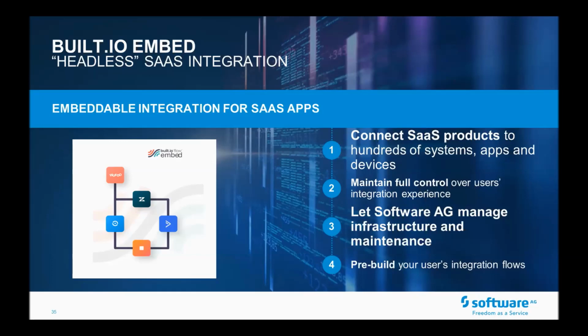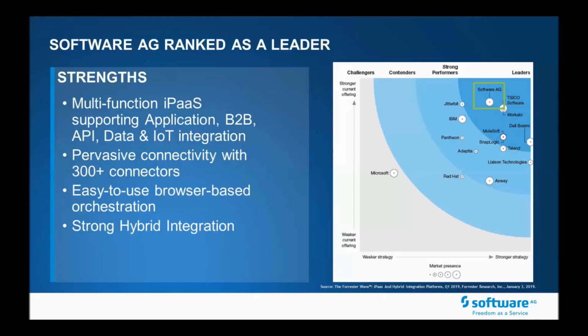It's the Build.io embed that can be built in and embedded in the SaaS product, the SaaS application, for easier integration of this SaaS with other solutions. You can use it as well to pre-build your integrations with other solutions outside. And lastly, within the IPAAS market, we have also been recognized as one of the leaders. So make sure you check it out as well to learn some of the details about it.